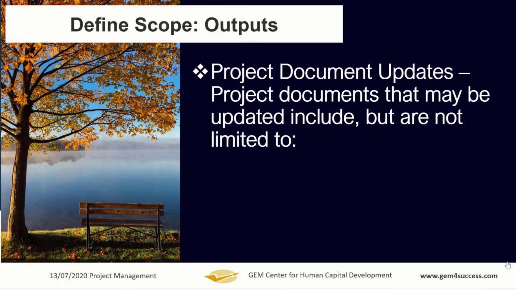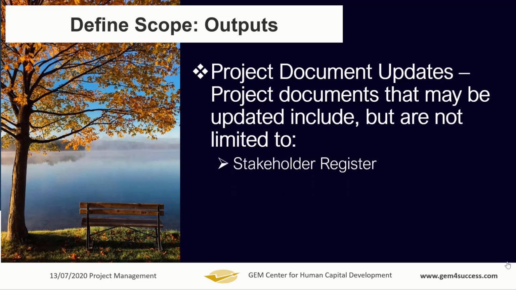When you have defined your scope, it might require you to update some documents. So like I said, this list is not exhaustive. In reality, you get to be able to do quite a number of possible things here. But some of them here are stakeholder register.